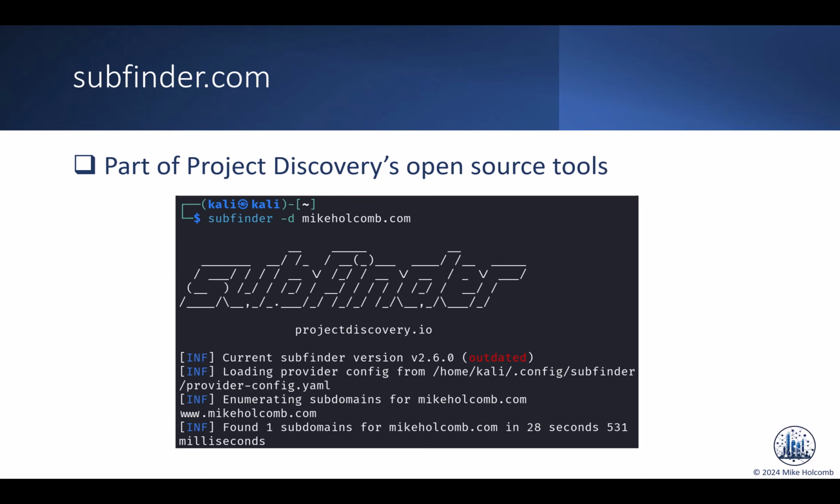So we're going to look at Kali Linux to run tools like subfinder here, a common tool that has now become part of the ProjectDiscovery security researcher collective. And we're going to talk about quite a few of their tools in this section. So definitely check out the tools if you're interested in more of what they do.